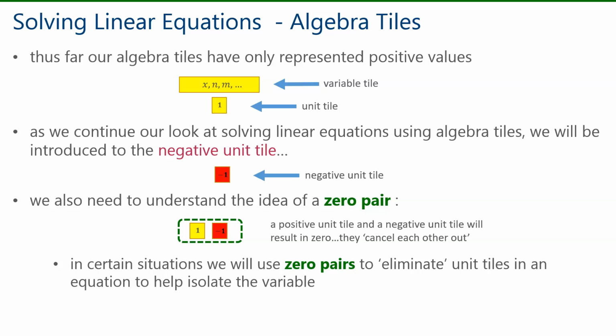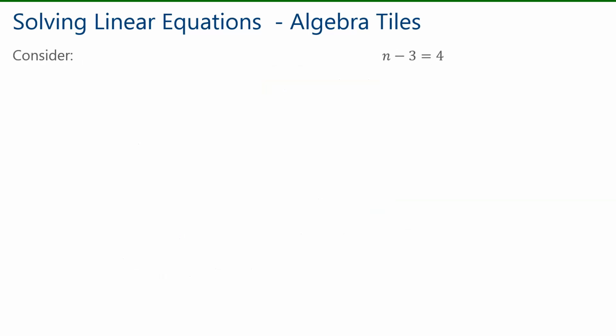Our first example, n subtract 3 equals 4. And just as a note, this is the same thing as saying n plus -3 equals 4. Both representations are the same. So if we're going to use algebra tiles, we're going to represent our n subtract 3 equals 4.